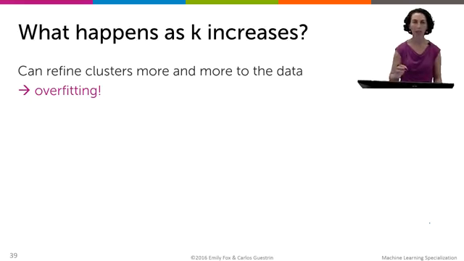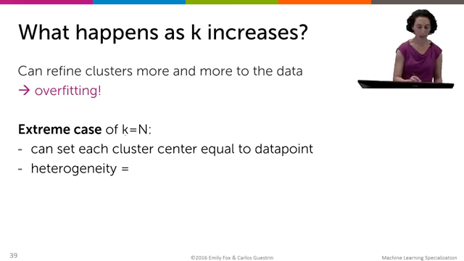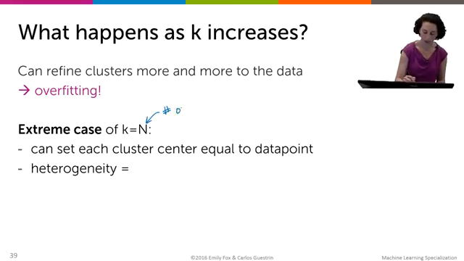It's a similar kind of idea where the model is very specific to the data in a way that might not be descriptive in general. As an extreme case of this, imagine that we define the number of clusters as equal to the number of observed data points.